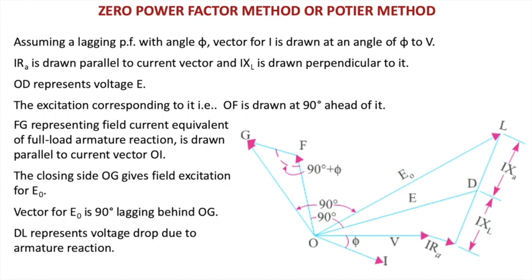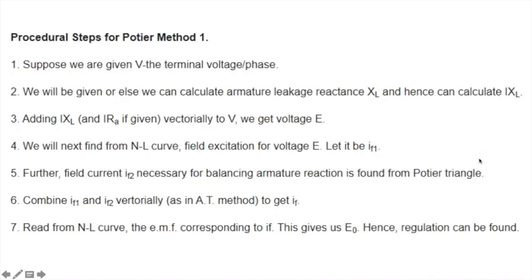So you have got this OG field excitation for E0, and the vector E0 is lagging behind by 90 degrees to OG, and therefore DL represents the voltage drop due to the armature reaction. So now in this method we have considered both the reactance drop and the armature reaction drop.